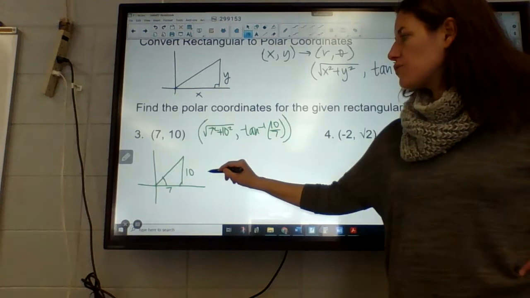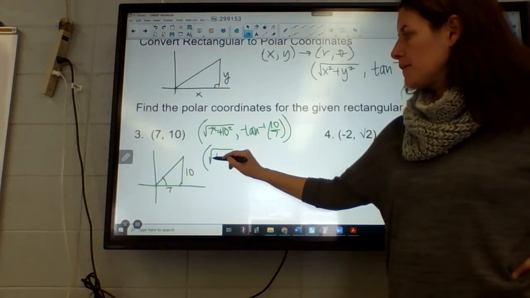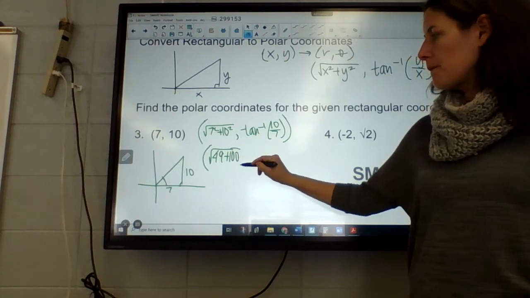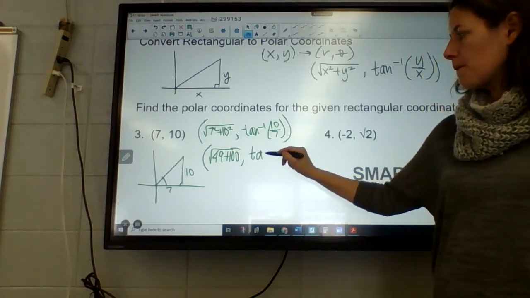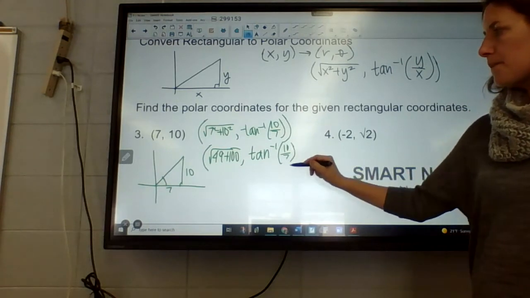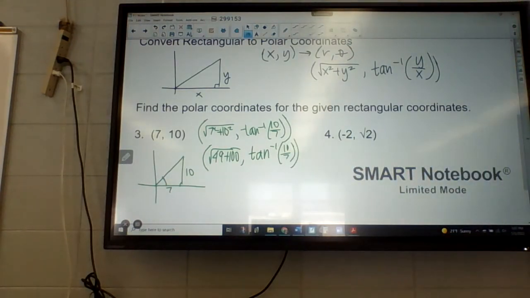So 7 squared is 49. 10 squared is 100. So I'm doing the square root of 149, which is again going to be a decimal. 12.2.